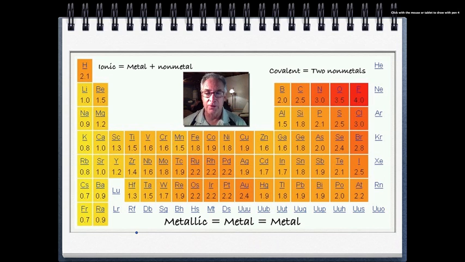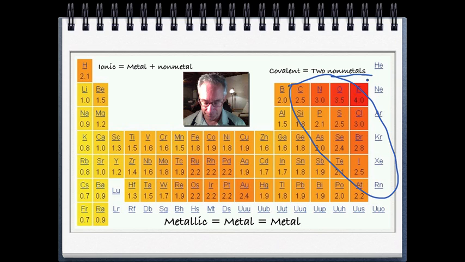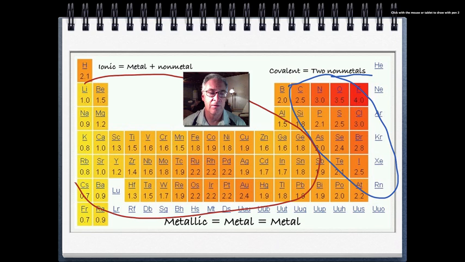And another way to look at this is depending on the relationship. For instance, all of these on this side are nonmetals. When we go over here on this side, these are all of our metals. And the position on this particular periodic chart will help us determine what kind of bond it is.